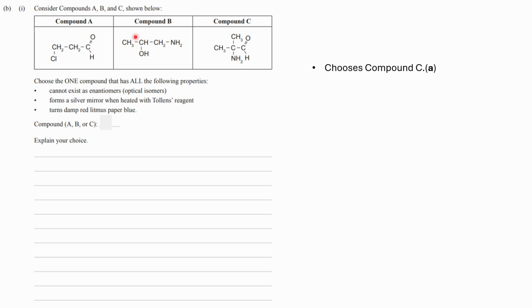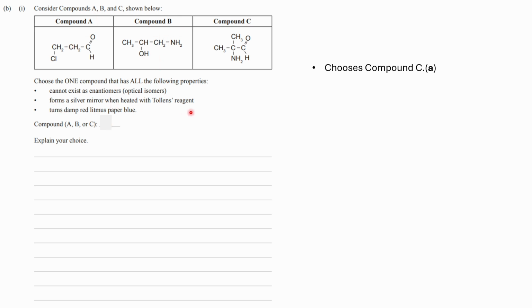This is an actual chiral carbon in compound B. In compound C, the first one has 3 hydrogens on it, not a chiral carbon. The second carbon looks like it could be a chiral carbon, but if we look carefully, it's got a CH3 group and a CH3 group. So it's actually bonded only to 3 different groups because these 2 groups are the same. So compound B cannot be our answer.